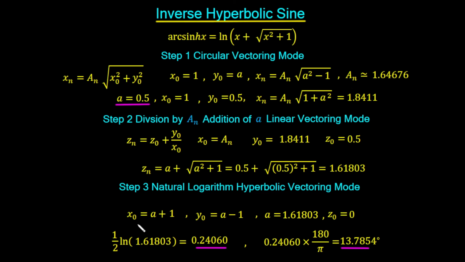So we're going to then generate the function here, which will be a half of the natural log of this value, which will give us a value of 0.24060, which in effect will equal an angle of 13.7854 degrees.